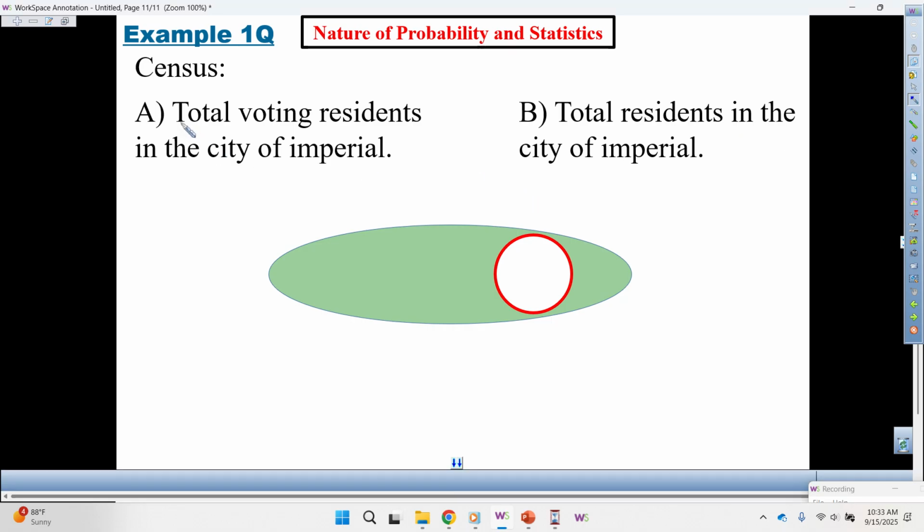You got it? All right, here we go. Example 1Q: total voting residents in the city of Imperial and total residents in the city of Imperial. Let's go with part A. Where does this one belong? Let's go with Maddie. What do you think A is? Population or sample?